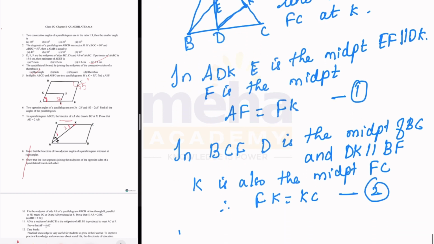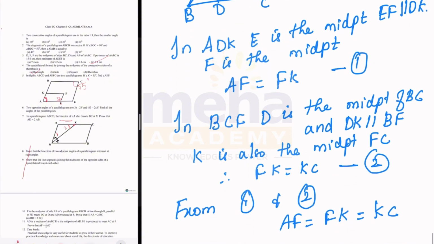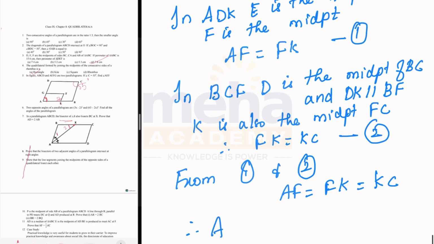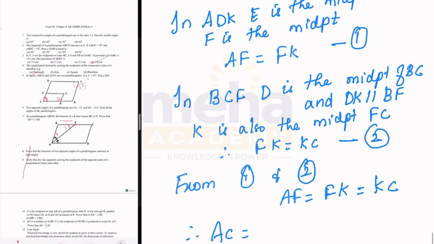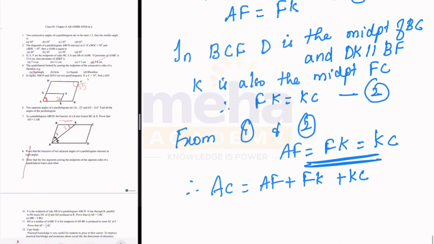So from 1 and 2 we know that AF is equal to FK is equal to KC. If this is the case, therefore AC will be equal to AF plus FK plus KC. So using this, all the three parts are equal.